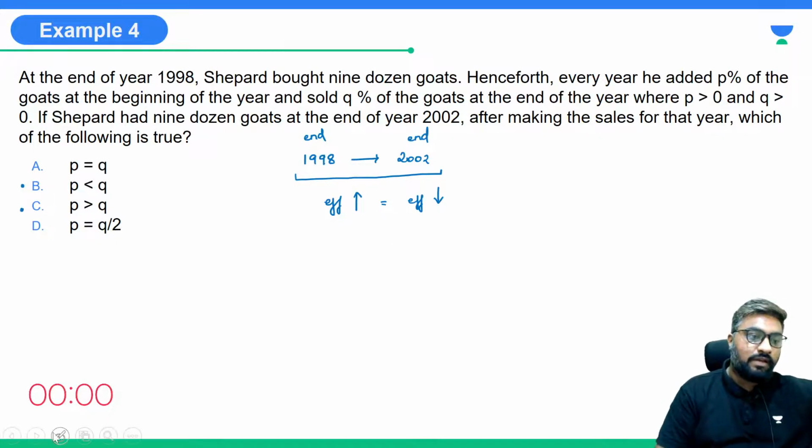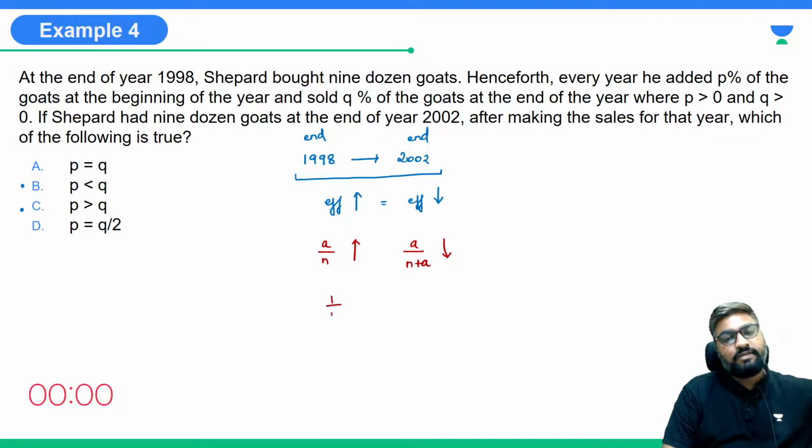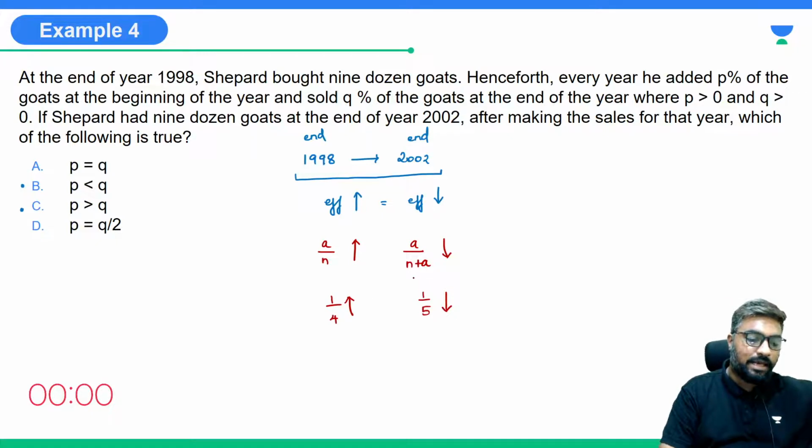We know that when there is an increase in percentage, it increases by a by n, and when it decreases, it decreases by a by n plus a. Correct? For example, if it increased by 1/4, it will decrease by 1/5 to balance out. So a 25% increase is equivalent to a 20% decrease.